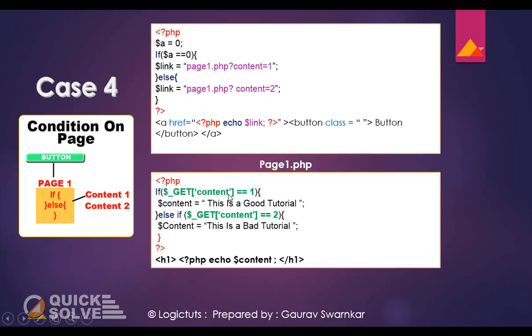If $_GET['content'] is equal to 1, then show 'This is a good tutorial.' If the content is not 1 but 2, then it shows 'This is a bad tutorial.' This content is echoed using the PHP echo command. So this is how we can use these 4 cases.